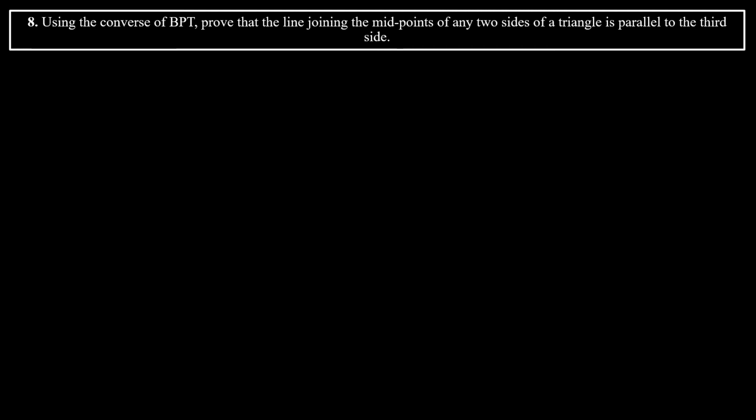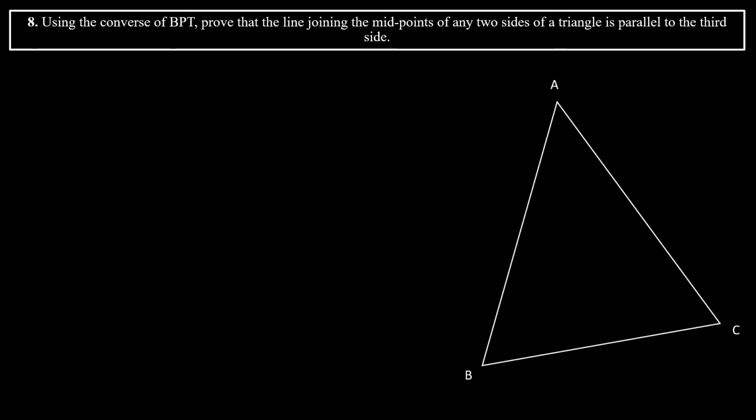Question number 8: using the converse of BPT, we need to prove that the line joining the midpoints of any two sides of a triangle is parallel to the third side. So let ABC be the triangle, and D and E be the midpoints of sides AB and AC respectively. The line joining D and E is parallel to the third side BC, we need to prove.